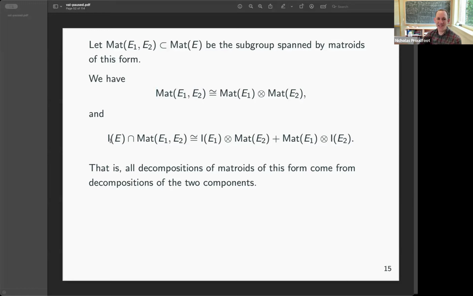It's a non-trivial statement, but not super hard, that if you want to understand decompositions of matroids of this form, it's sufficient to only consider matroids of this form. Every decomposition of a matroid of this form comes from decompositions of matroids on E1, which I just cross with matroids on E2, and decompositions of matroids on E2, which I just cross with a matroid on E1. All decompositions of matroids of this form come from decompositions of the two components.